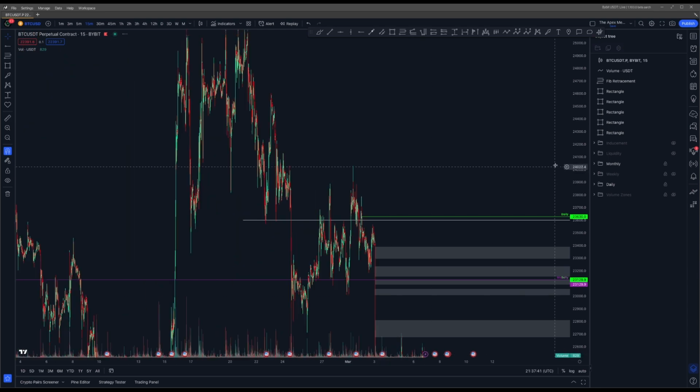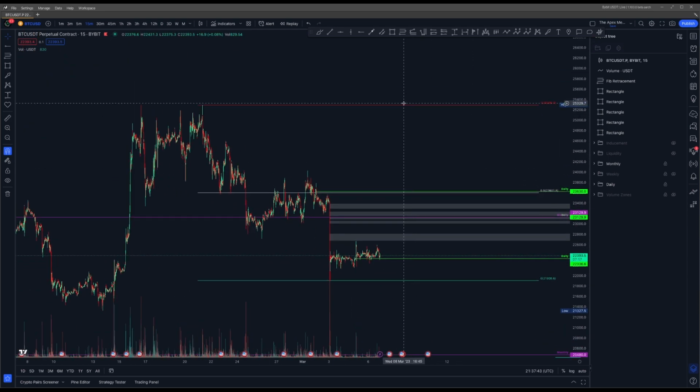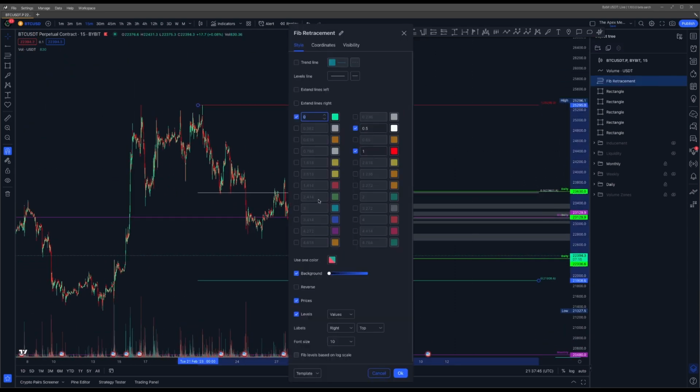Now remember, the way to set this up is if I double click, this is what we call a Fibonacci retracement tool. It looks really complex when you first see it, but it's not really complex. It's just a series of numbers based upon nature, and the sequence is very straightforward.